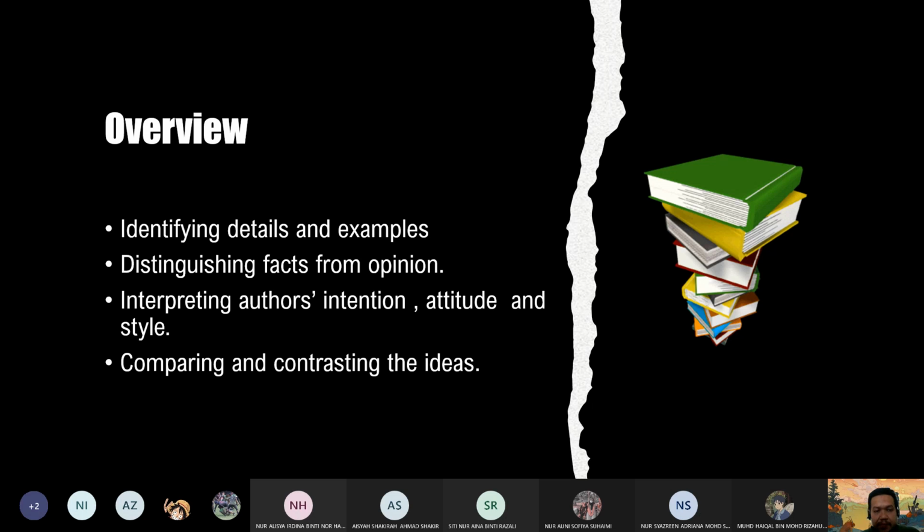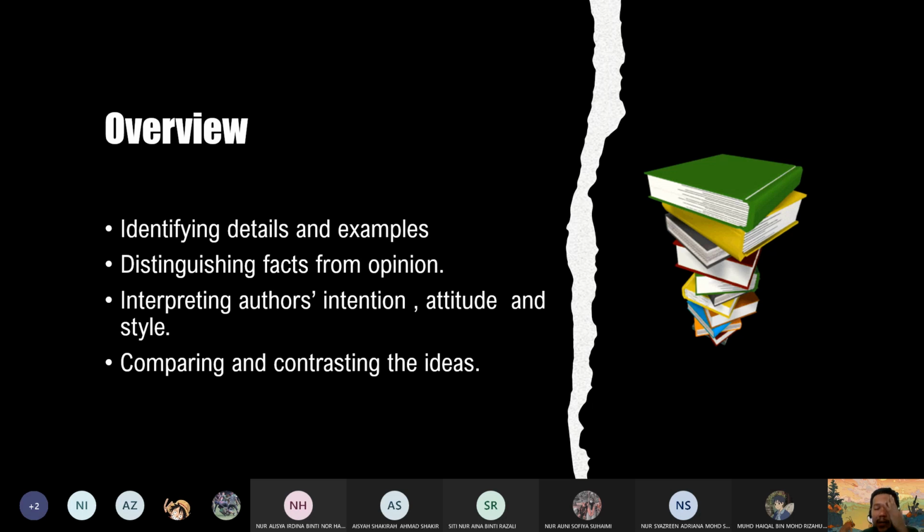First, we will learn how to identify the details and examples. Second, how to differentiate or distinguish fact from opinion. It's very important because some information in the text is just fact and some is just opinion, so you need to know how to differentiate between the two.